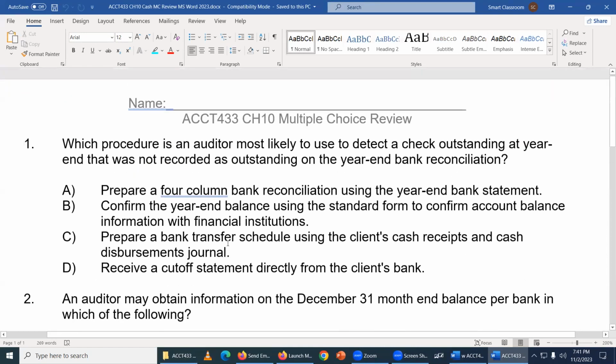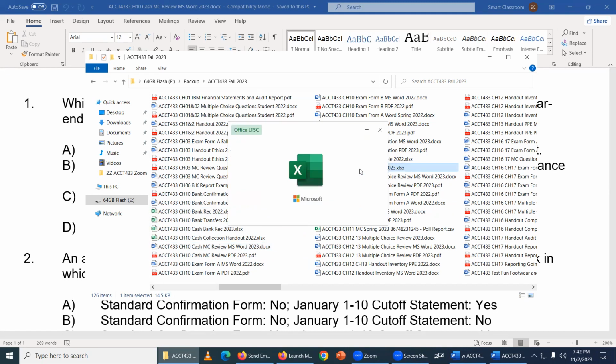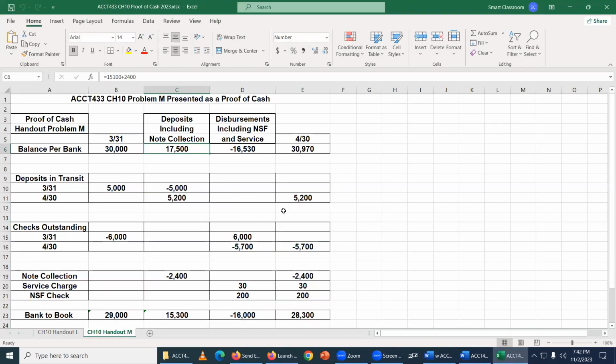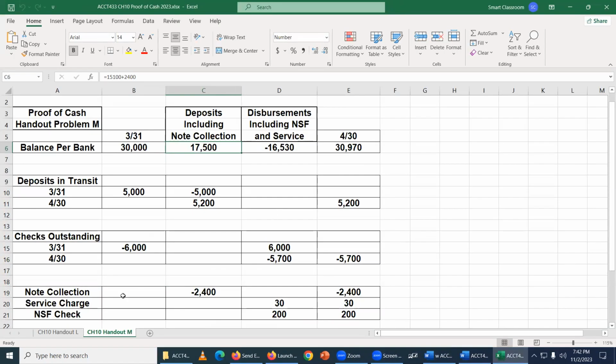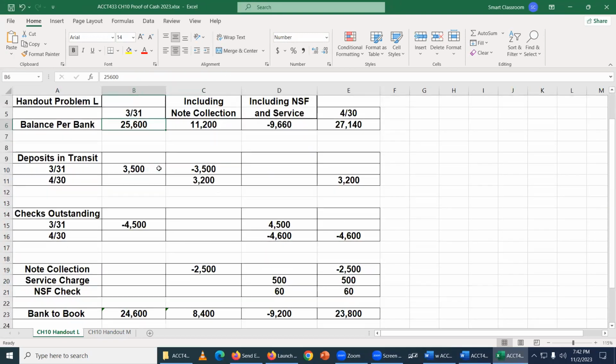Oh, I know, to show you guys a 4-column bank statement. For instance, that first problem that we did, this is what it would look like as a proof of cash.